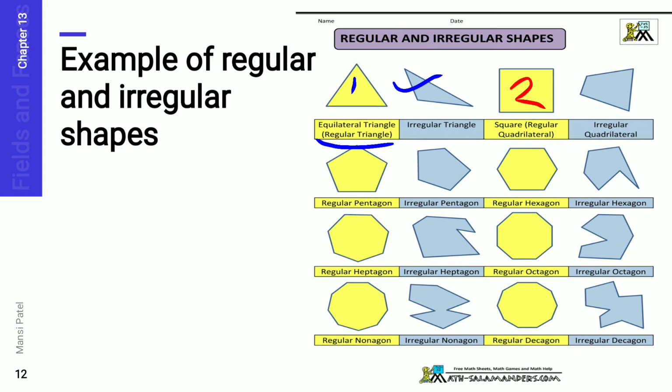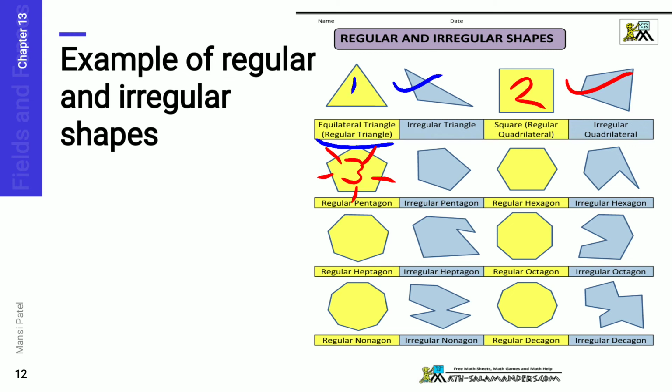Whereas in the second image it has four sides, but all the sides of this quadrilateral are different in length. So it is known as an irregular quadrilateral. Now this is the third shape. It has five sides. See, 1, 2, 3, 4 and 5.